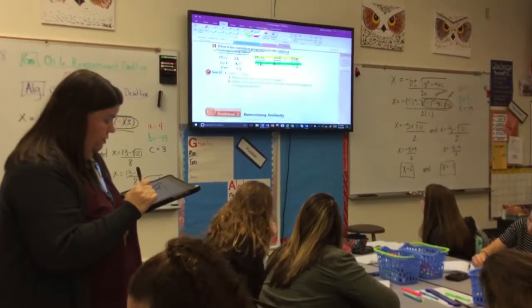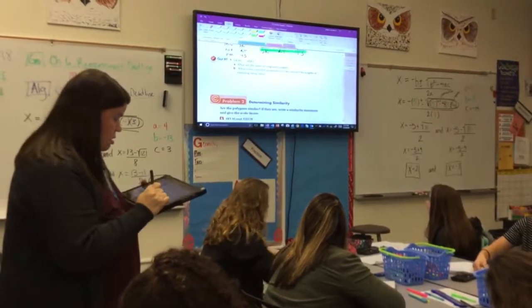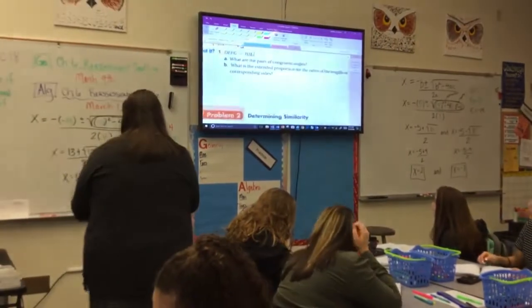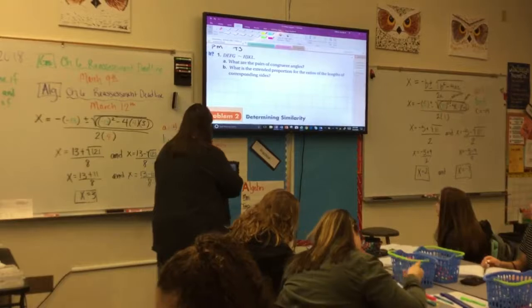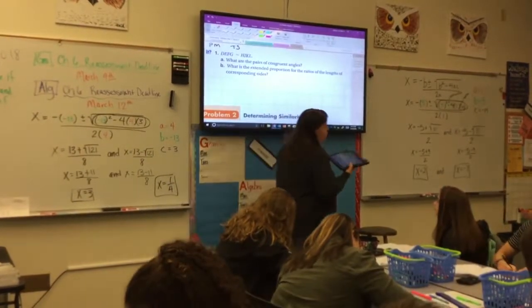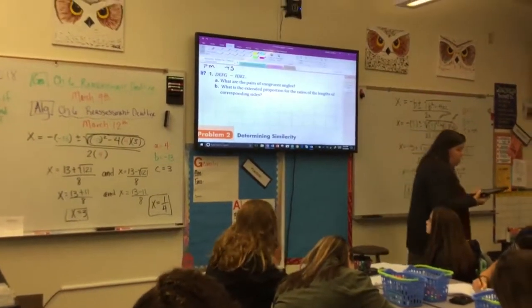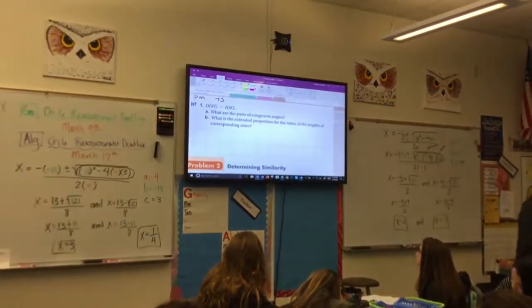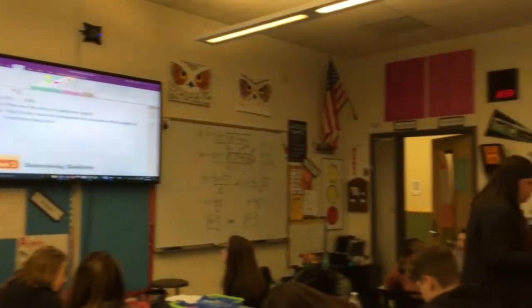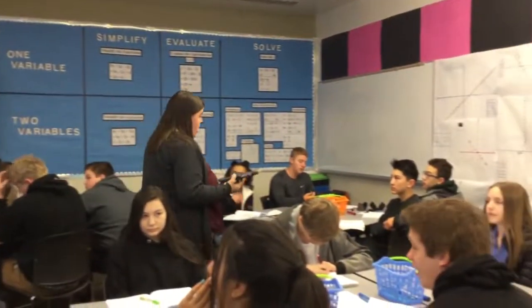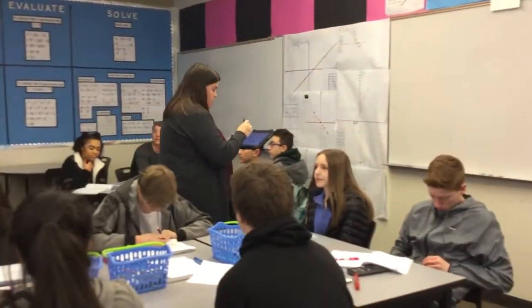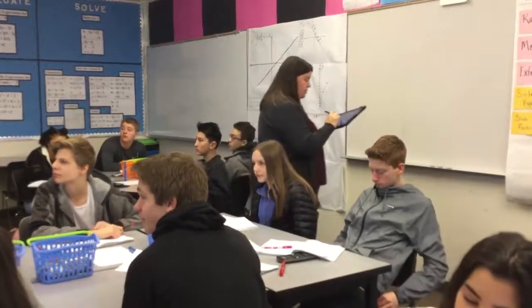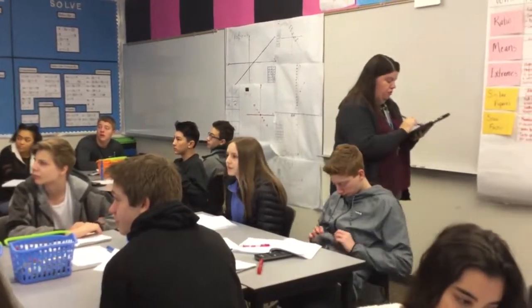Awesome. I would like you to do the same thing with these two similar figures. So now we have two quadrilaterals. So we have D, E, F, G is similar to H, J, K, L. Okay, we're just going to do B. I want you to create a proportion for the ratios of the lengths of the corresponding sides.